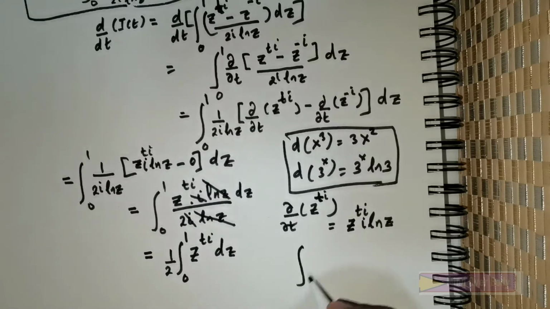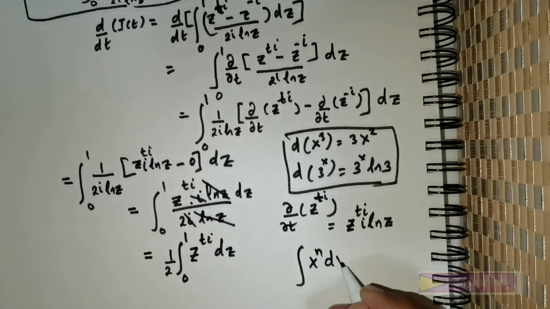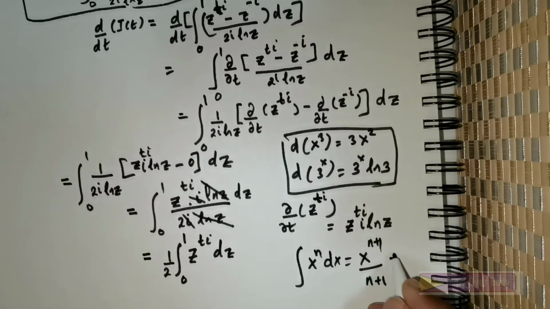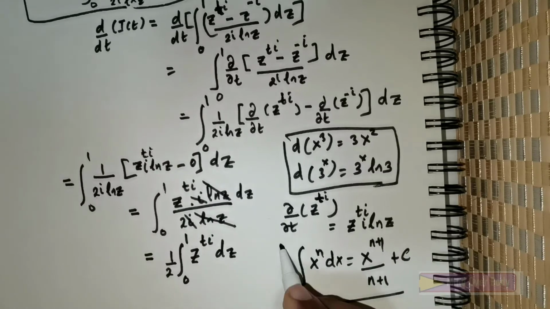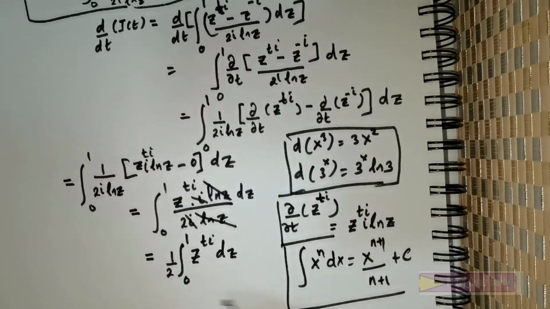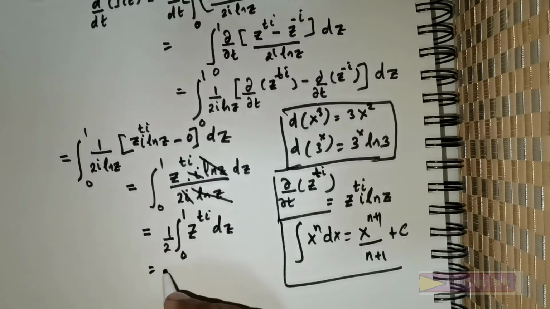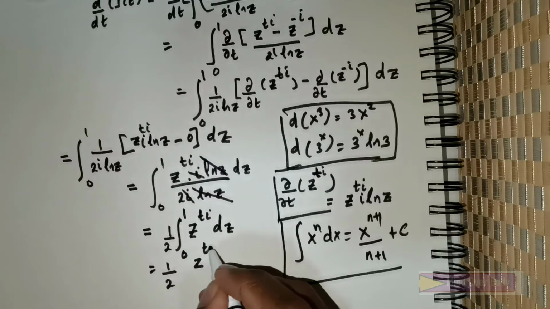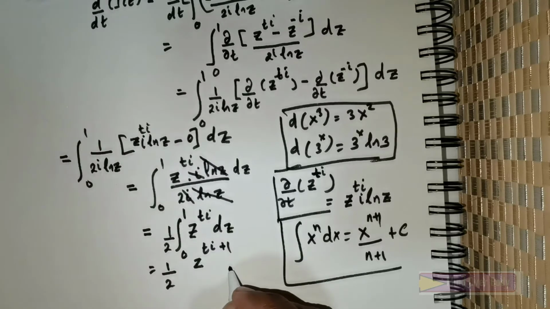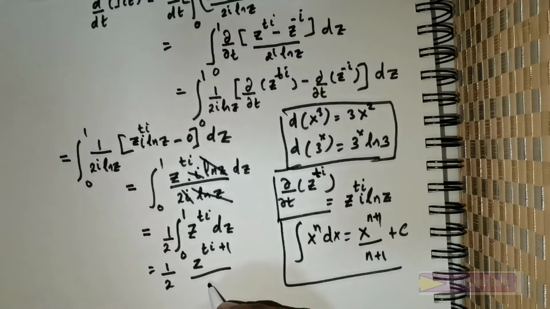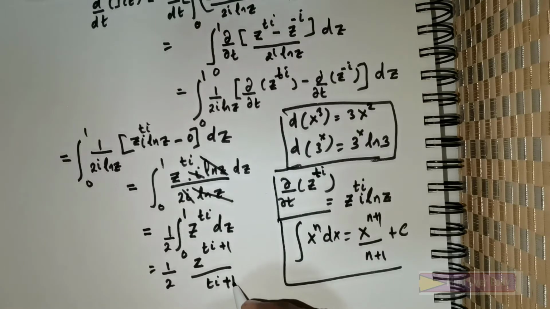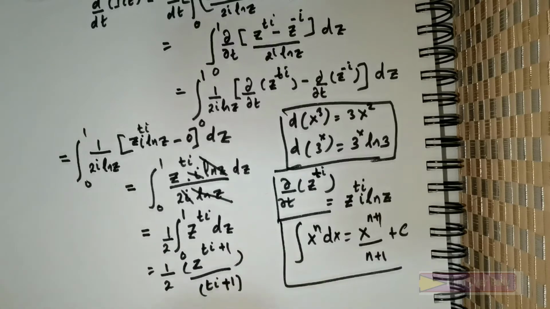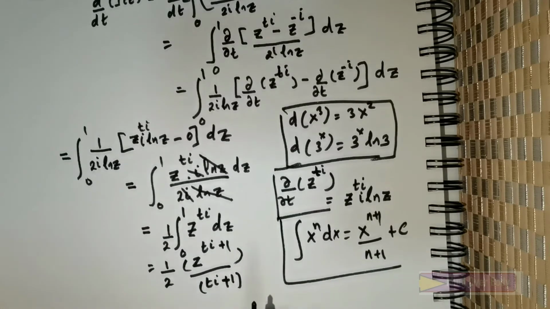Now we know that integral x power n times dx is x to the power n plus 1 divided by n plus 1, plus arbitrary constant c. So by using this formula, this is going to be rewritten as 1 over 2 times z raised to the power ti plus 1 divided by ti plus 1. Now z is our variable, ti is just a constant, so that's why we are getting that.